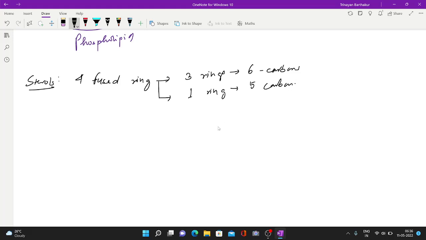So any sterol that you see is going to have a ring structure similar to this. These are three 6-carbon rings, and then you have a 5-carbon ring. This is a steroid nucleus. Any sterol that you see, you will always find this nucleus.